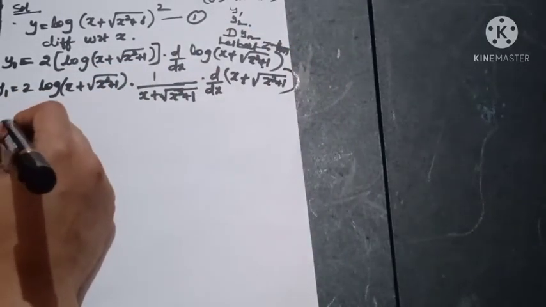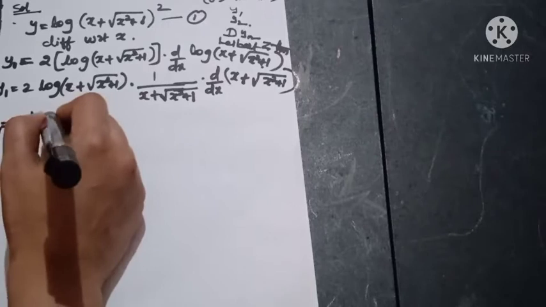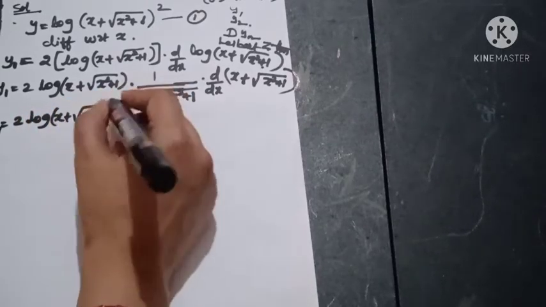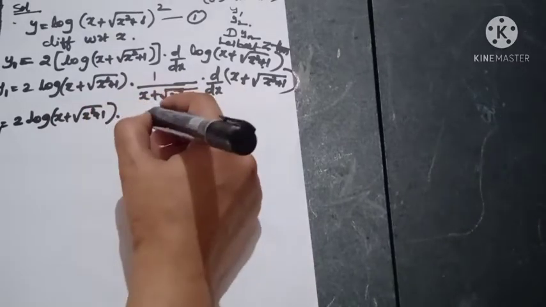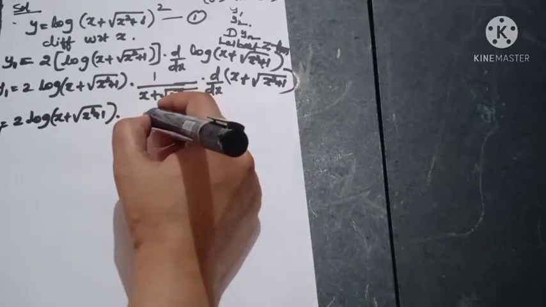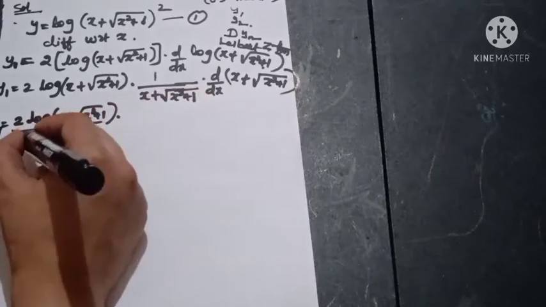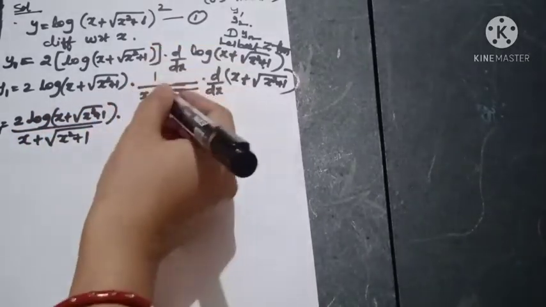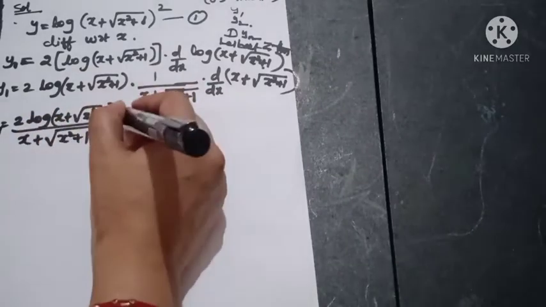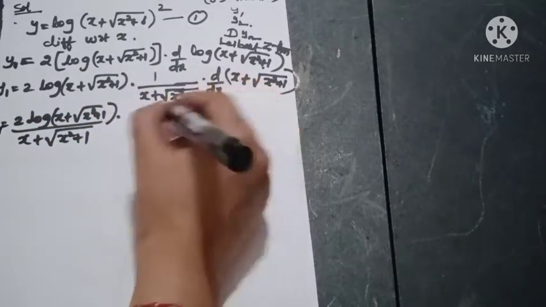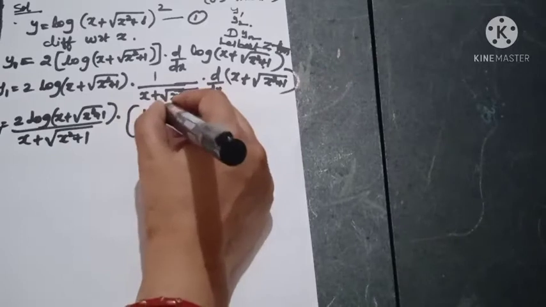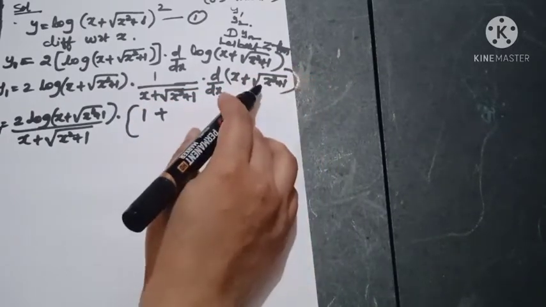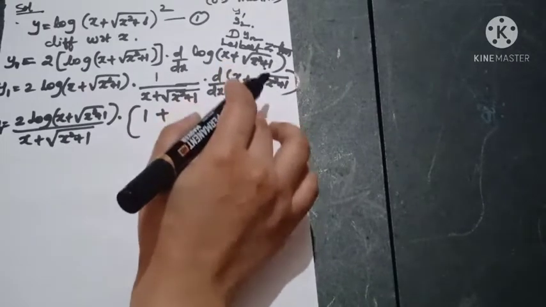So y1 is equal to 2 log x plus square root of x square plus 1 into 1 over x plus square root of x square plus 1, and I'll write this in the denominator. Differentiation of x is 1 plus differentiation of a square root. So we know that differentiation of square root of x is 1 over 2 root x.